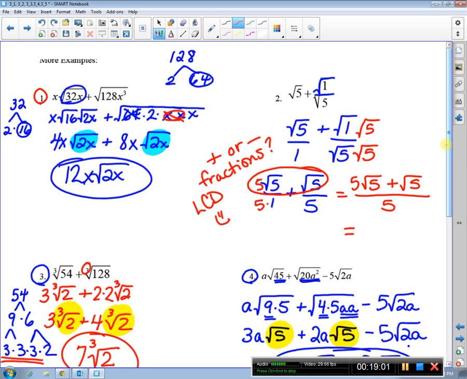And my numerators added together with this invisible 1 is 6 radical 5 over 5, and we are done. Nothing reduces here. Nothing. We're done.